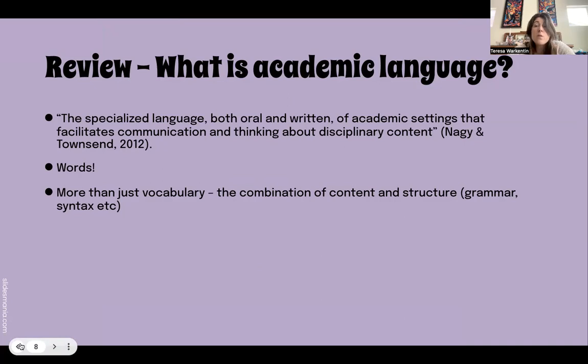Some of us say it's just words, but it is more than just vocabulary. It's the combination of the content and the structure. So it's not just the words, it's also knowing how we're supposed to combine the structure. That's academic language. So we have academic words, which are important, but academic language is greater than the vocabulary. It's the structure and the content.